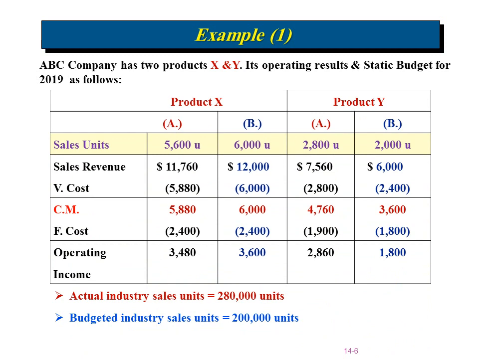ABC company has two products, X and Y, and this is its information for X and Y. Here I have product X, actual and budget, and product Y, actual and budget also.